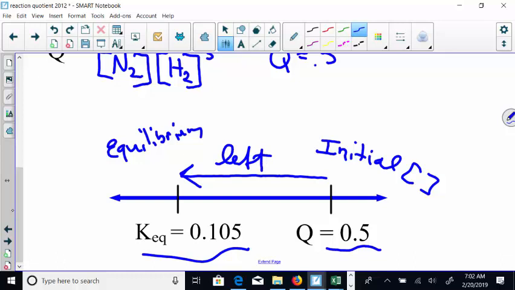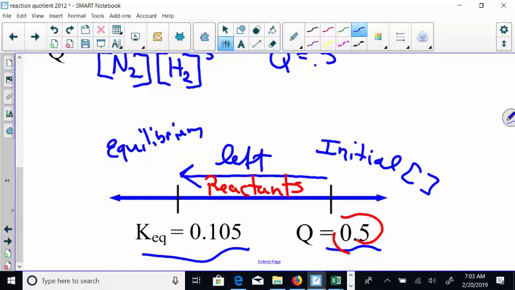Whenever you shift left, you have to realize that also means you are shifting towards the reactants. So, in this particular case, because we had to go from 0.5 to 0.1, the reaction actually shifted more towards the reactants in the reaction.